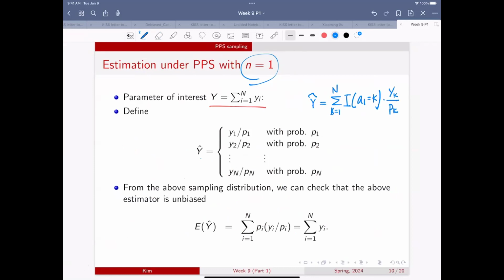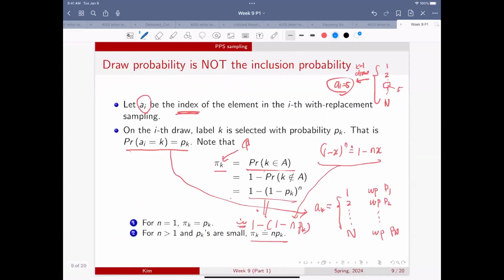So another way of writing this formula in a single equation is this. Y hat is, so because what is A, right? So A is this one. A is A. So we have a single draw. So A1, right?